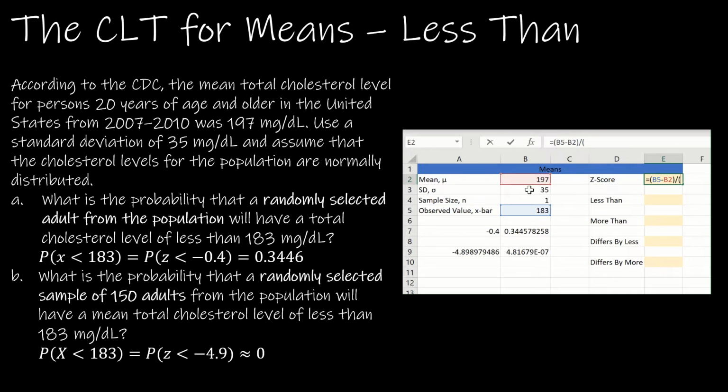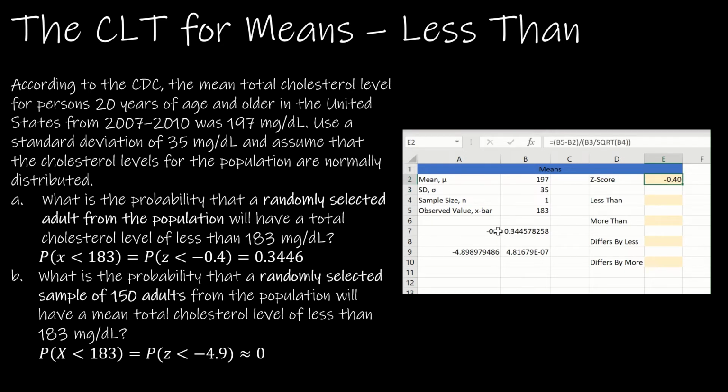And remember, we want the standard error. So you can either create something that says standard error and then point it to that, or you can just say the standard deviation divided by the square root of the sample size. Now, if you're going to use something with a population, use a sample size of 1.